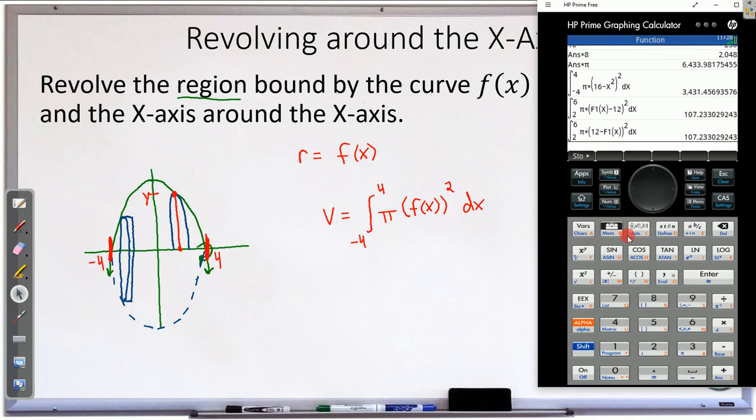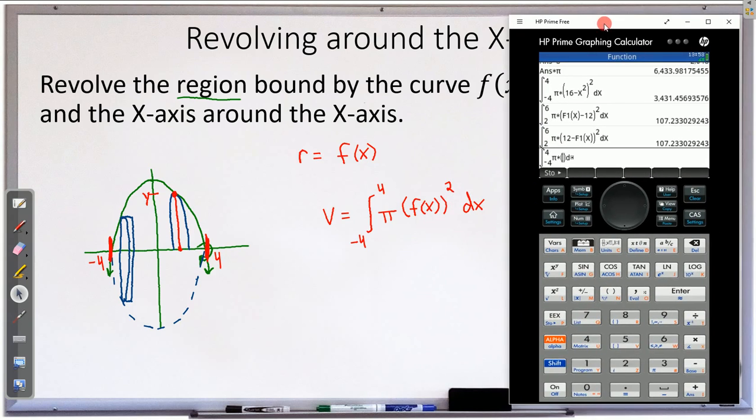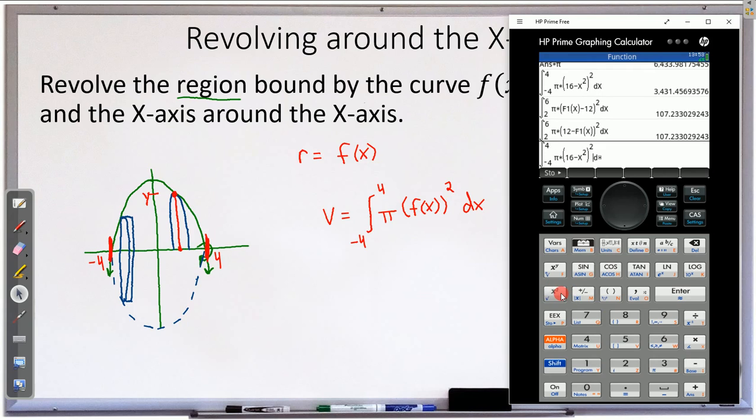So we want the integral from -4 to 4 of pi times, now I don't have f plugged into my calculator, so I actually have to type it in as 16 minus x squared. And then that is squared again, because the 16 minus x squared goes in here.